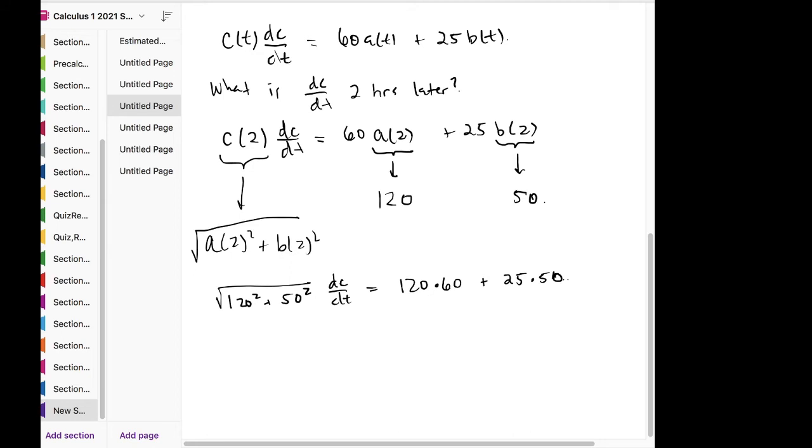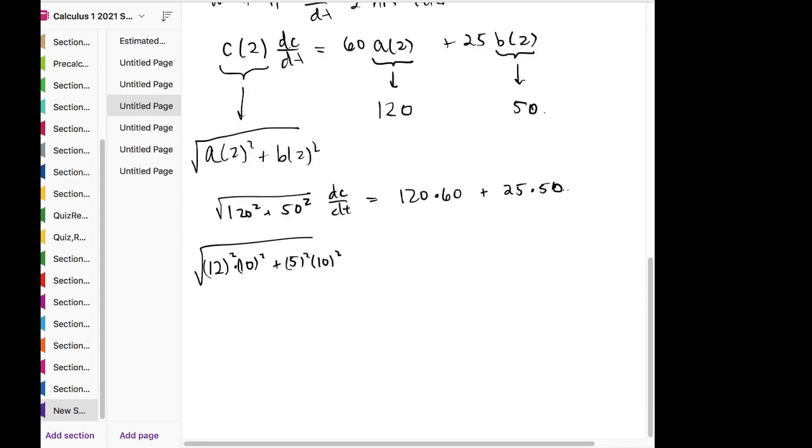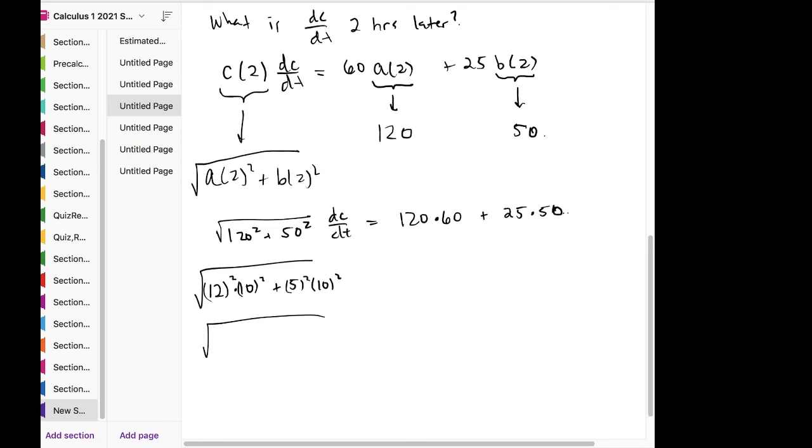Well, one thing you can do, this is 12 times 10 squared, and 5 times 10 squared. So pull out a 10, you get 12 squared plus 5 squared.